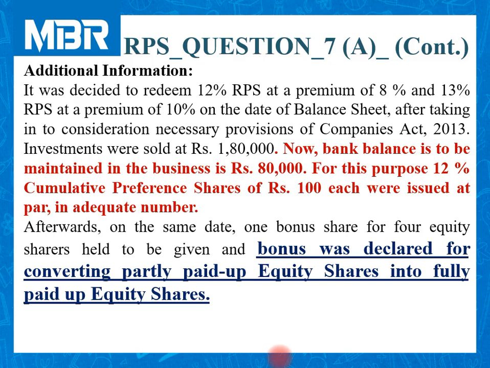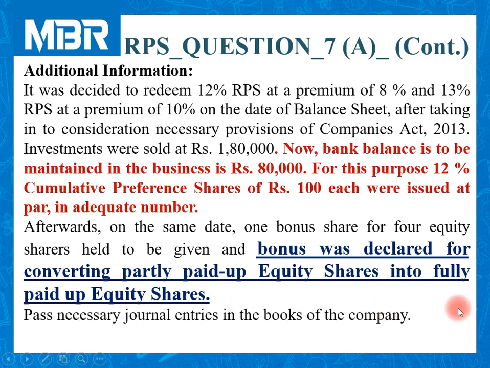We have discussed the same in lecture number 9. In this lecture, again we'll be dealing with this important adjustment. And at the end of the question, it is mentioned that we need to prepare journal entries for the transactions given to us.